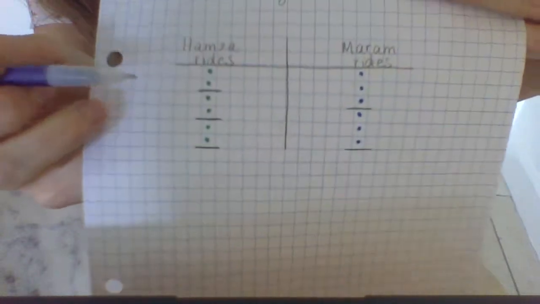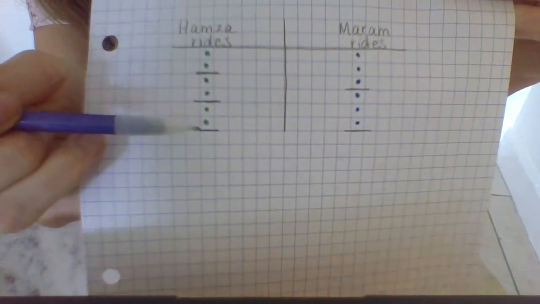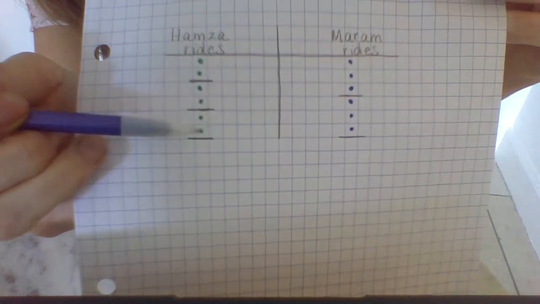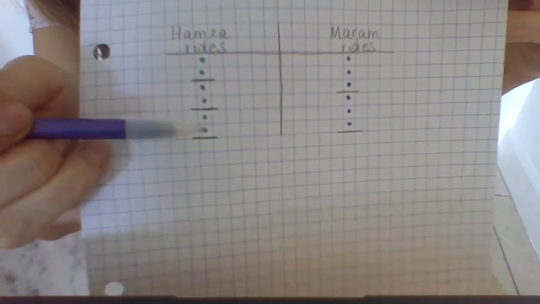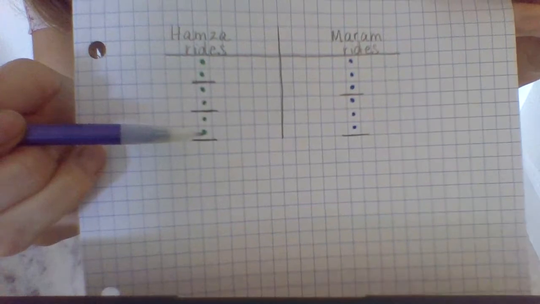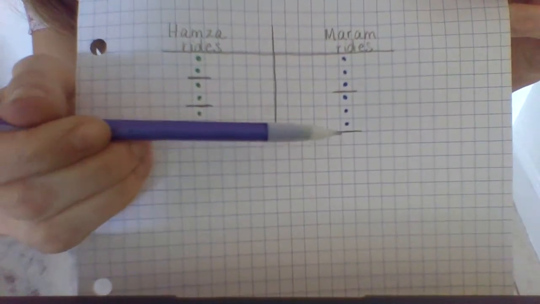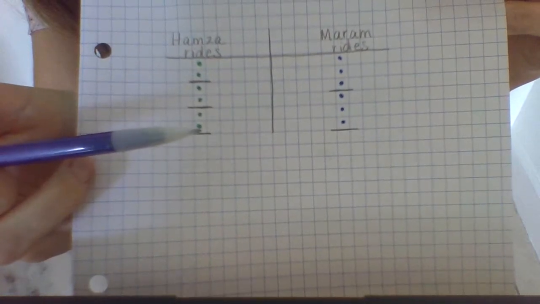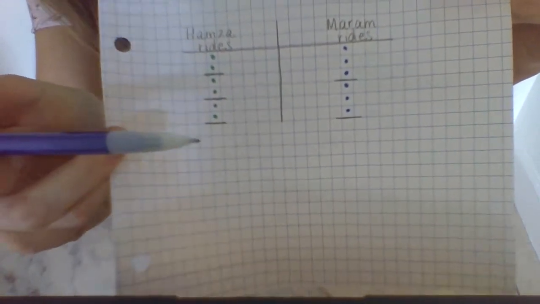Our columns are equal now. On this day, 1, 2, 3, 4, 5, 6. On the sixth day, Hamza rides the bus and Maram rides the bus. It's not until the sixth day that they get to ride the bus at the same time.